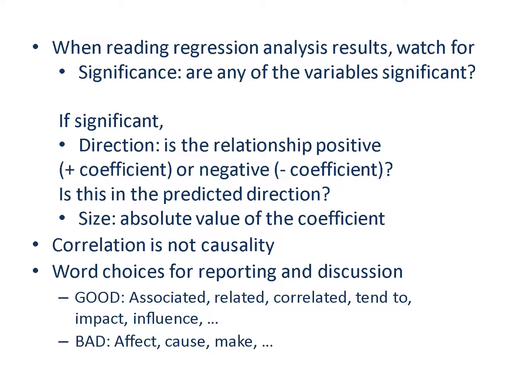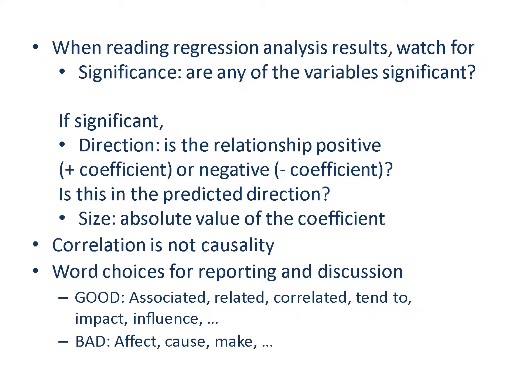To summarize, when you read any regression analysis results, first look for the variables that are statistically significant. What does that tell you? Yes, the statistical significance indicates that the relationship between the variables you observe from your sample will likely be found in your population.